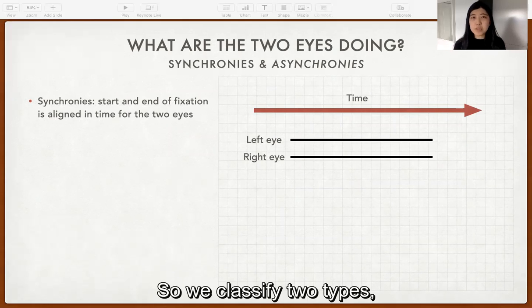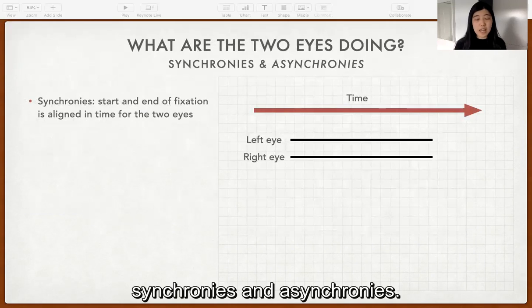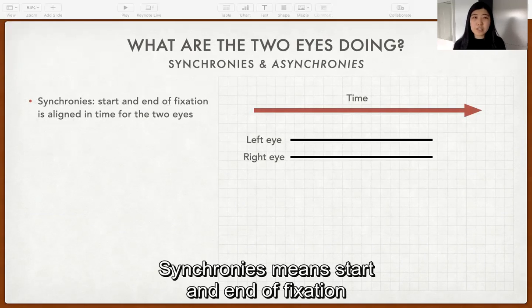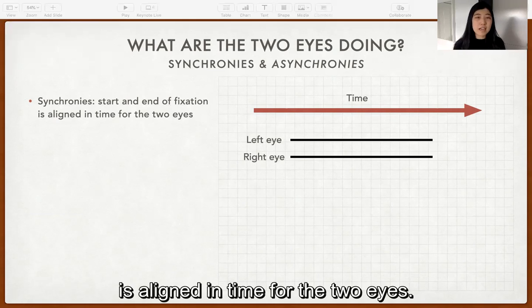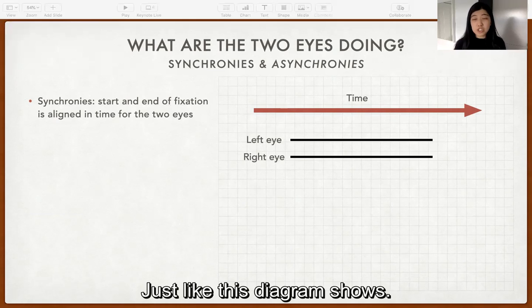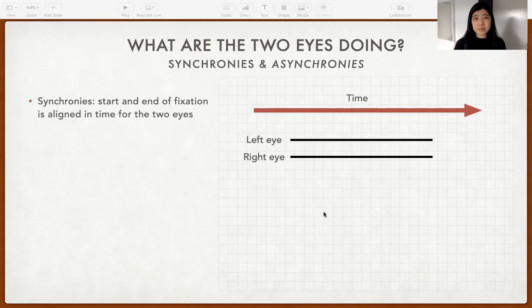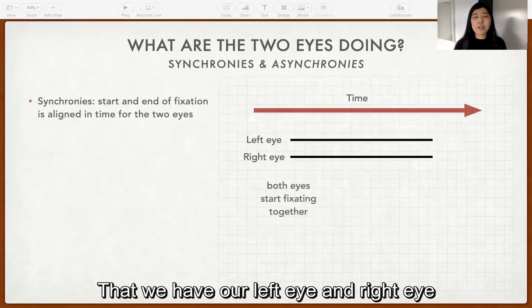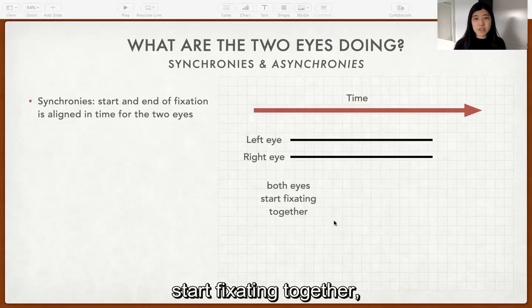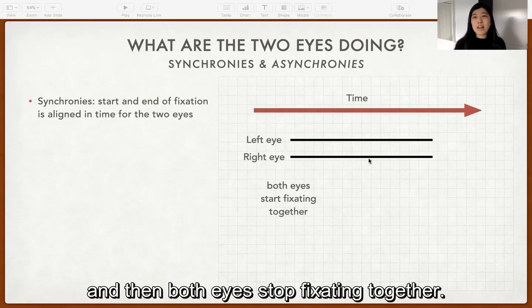We classify two types, synchronies and asynchronies. Synchrony means the start and end of fixation are aligned in time for the two eyes, just like this diagram shows: our left eye and right eye start fixating together, and then both eyes stop fixating together.